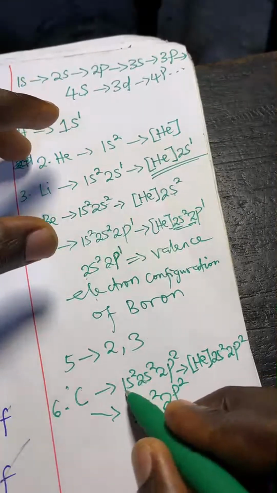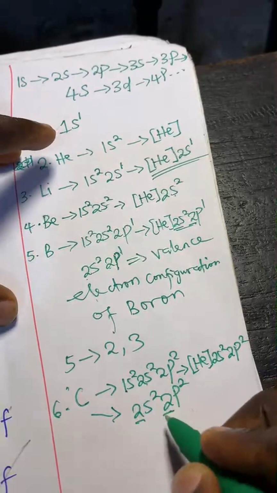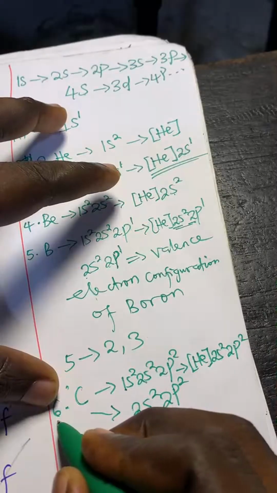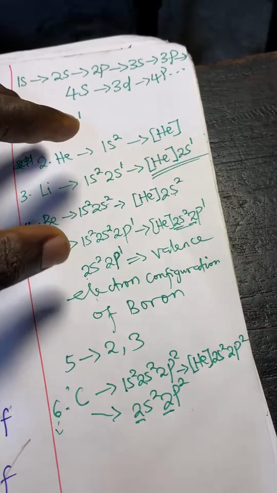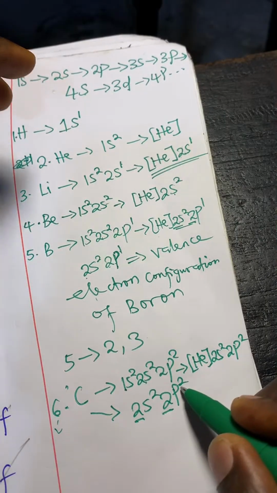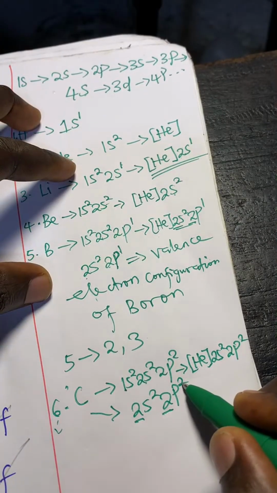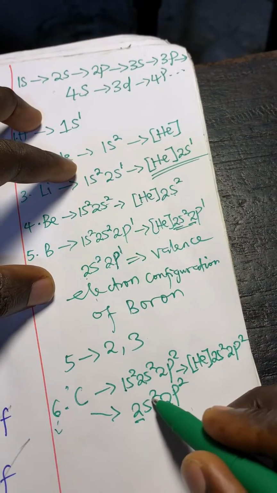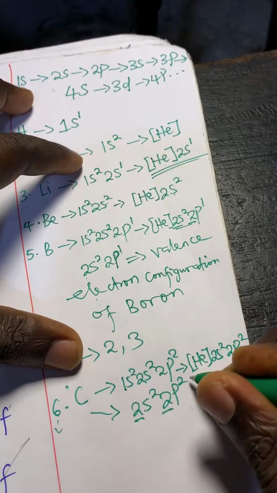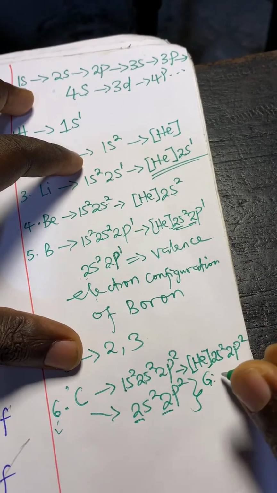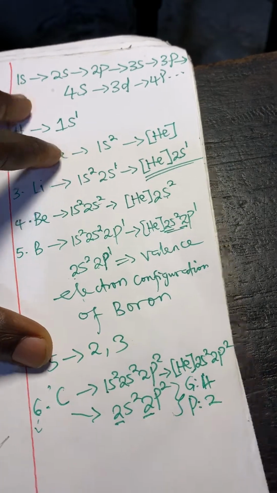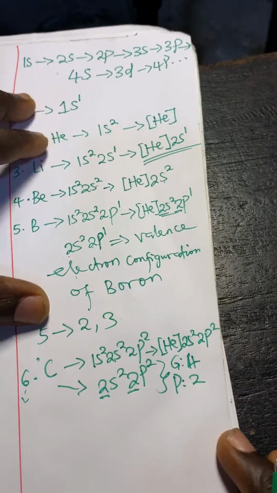Once you see the highest number, since 2 is greater than 1, carbon is automatically a period 2 element. Even if you do 2, 4 for this 6, it shows 2 shells, so it's a period 2 element. Since it is a P block element, whatever electron is at P, add it to the penultimate S. 2 plus 2 is 4. With that, carbon is group 4, period 2.